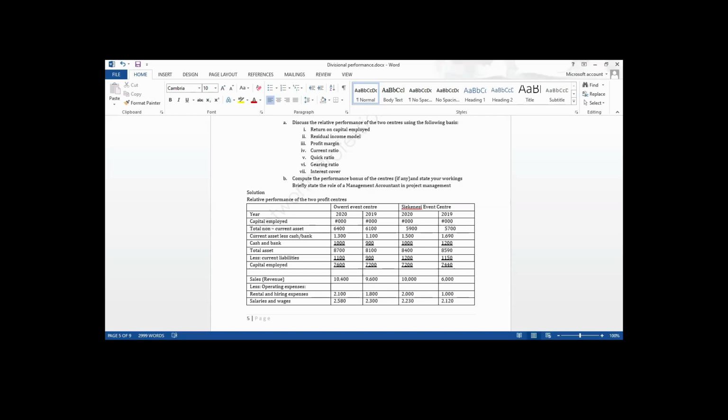Even though the solution is provided here, I want to calculate return on capital employed.